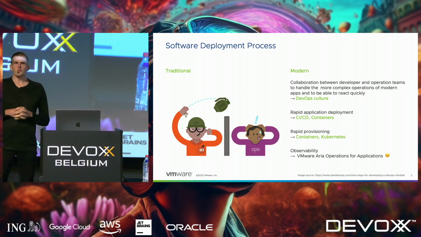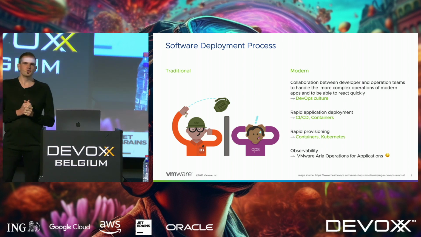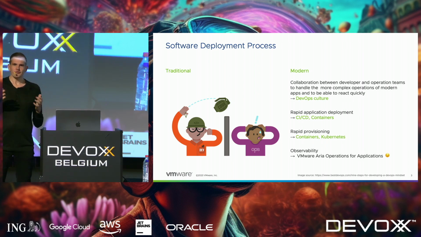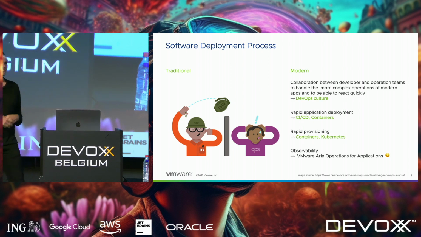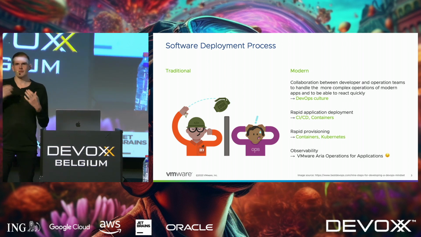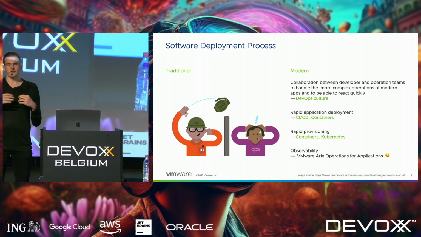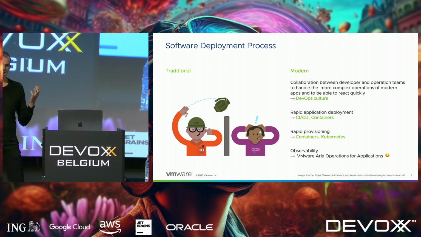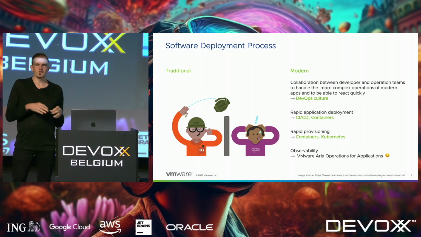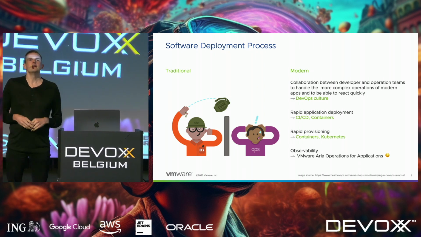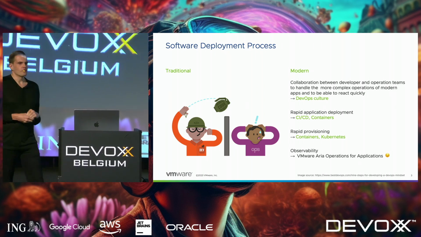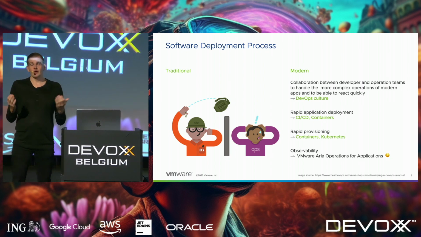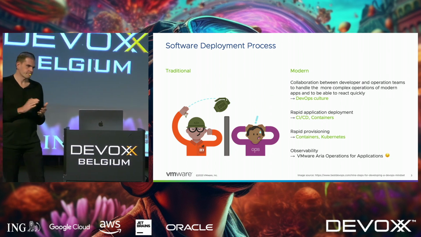In the meantime, the operators had plenty of time to provide all the infrastructure that's required, so virtual machine, the middleware like WebSphere, a database like Oracle. And then after that time, the software developers packaged together the application, created an operational manual, the SQL scripts, and just more or less threw that to the operators that were then responsible for deploying the application, doing day 2, and also supporting the application.